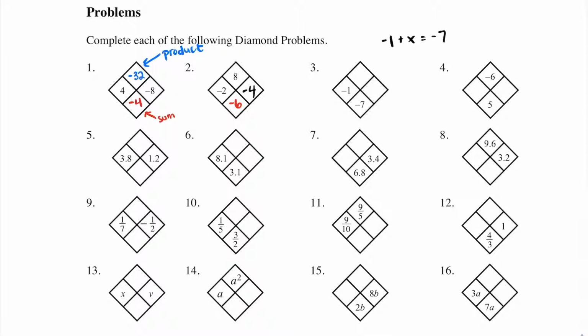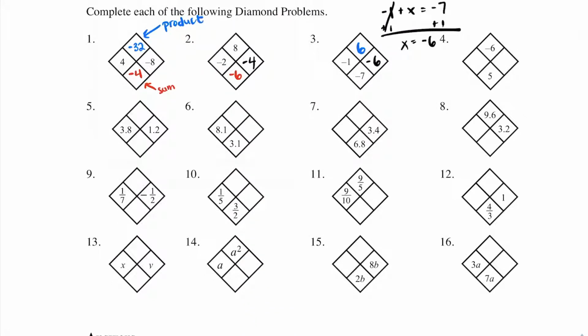Using my properties of equations, I can solve for x by adding 1 to both sides, so these cancel out. x is equal to negative 7 plus 1, which is negative 6. So my right square is going to be negative 6. Negative 1 plus negative 6 does indeed equal negative 7, and negative 1 times negative 6 gives me positive 6. And there we go.